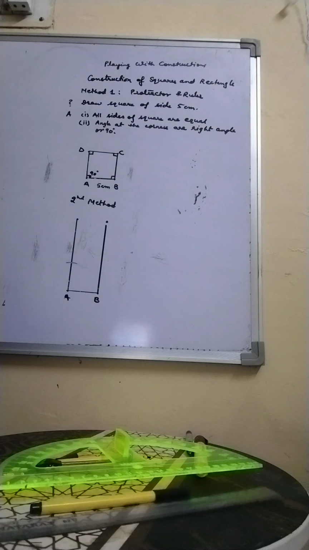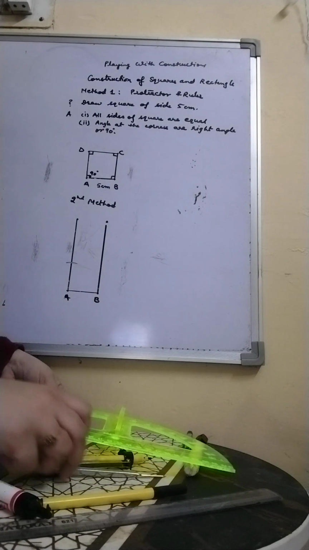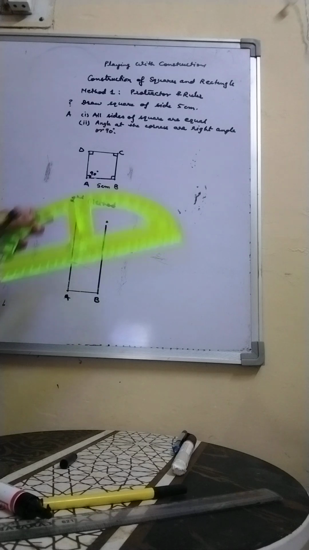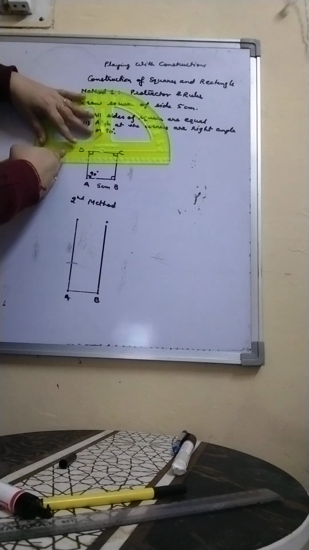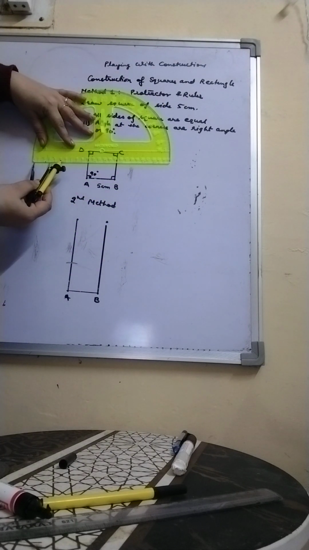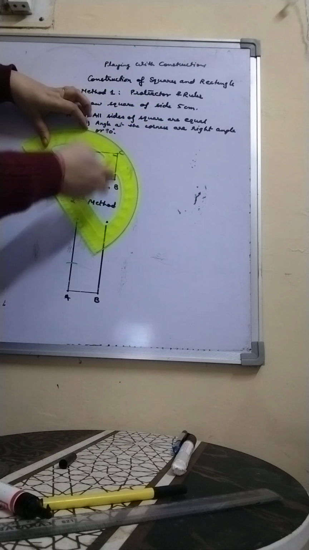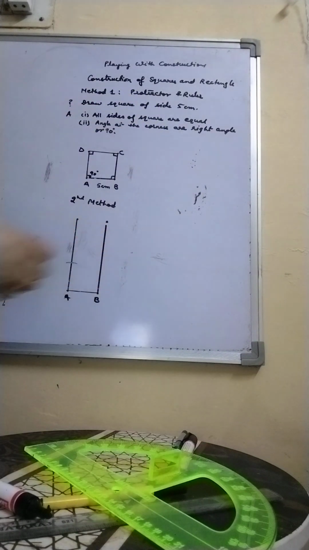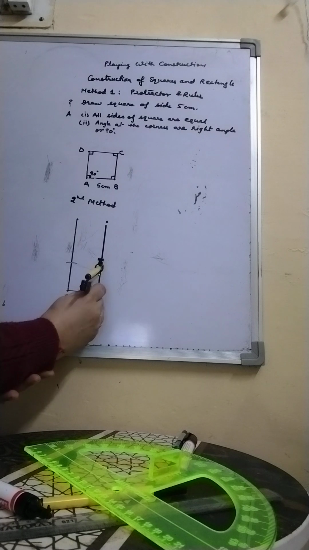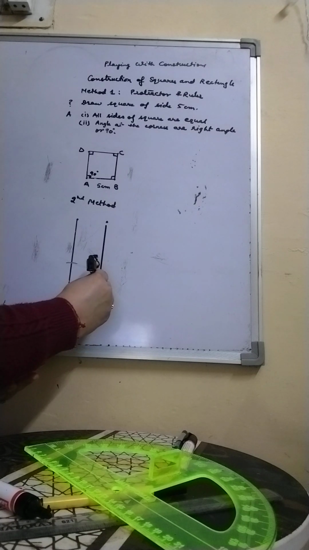Now how would you get the fourth vertex? Again you have to open the compass till 5 and draw the arc here.